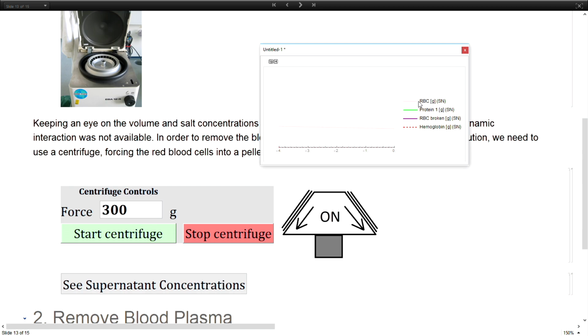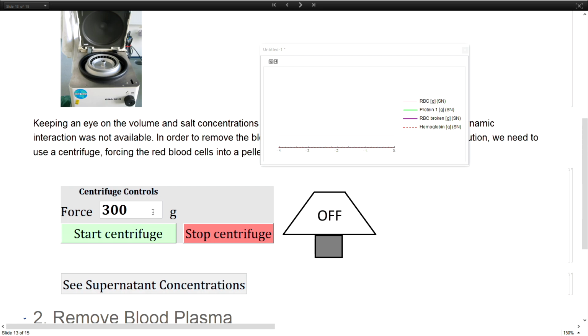And here we're seeing the red blood cells getting removed from the supernatant. Sorry for the technical jargon, but it's forming a pellet in the bottom of the vessel, and we can stop the centrifuge, and we can see that then the concentration stays the same in the fluid part.